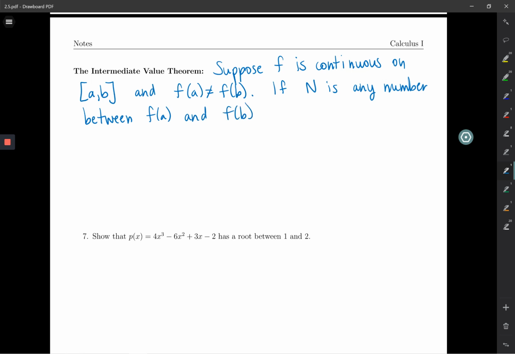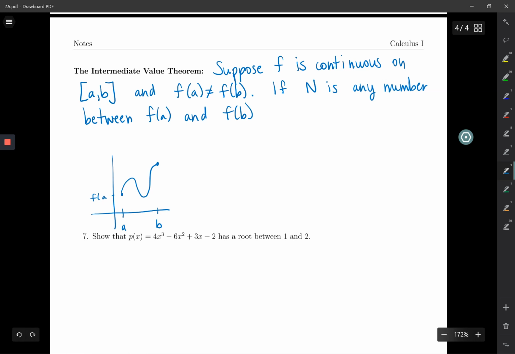Okay, so let's go ahead and start drawing a picture. What we have is an interval a to b. F is continuous, and whatever the values of f of a and f of b are, they just are not equal to each other. So let me draw this a little. So say it looks like something like this, right? Okay, so say my function looks like that on this interval.